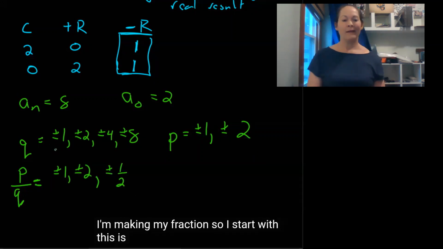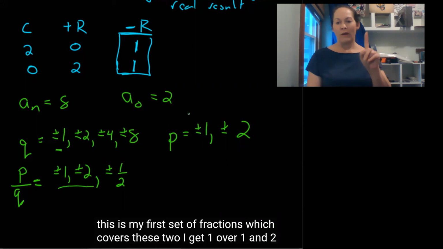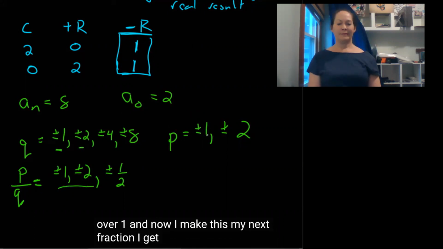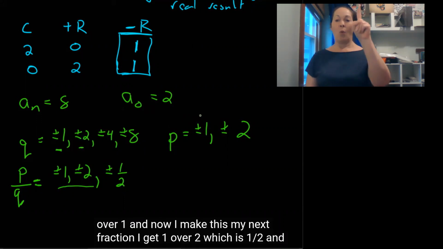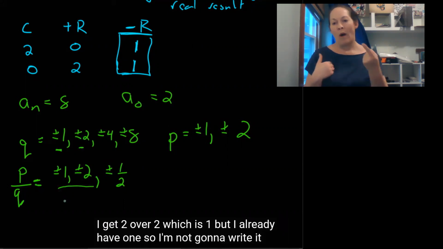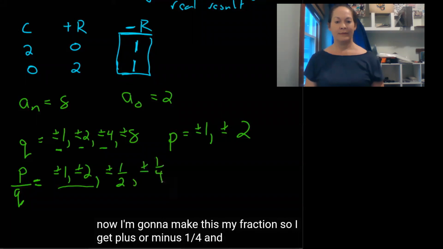I start with my first set of fractions, which covers these two. I get 1 over 1 and 2 over 1. And I'll make this my next fraction. I get 1 over 2, which is 1/2. And I get 2 over 2, which is 1, but I already have 1, so I'm not going to write it again. Now I'm going to make this my fraction, so I get plus or minus 1/4.